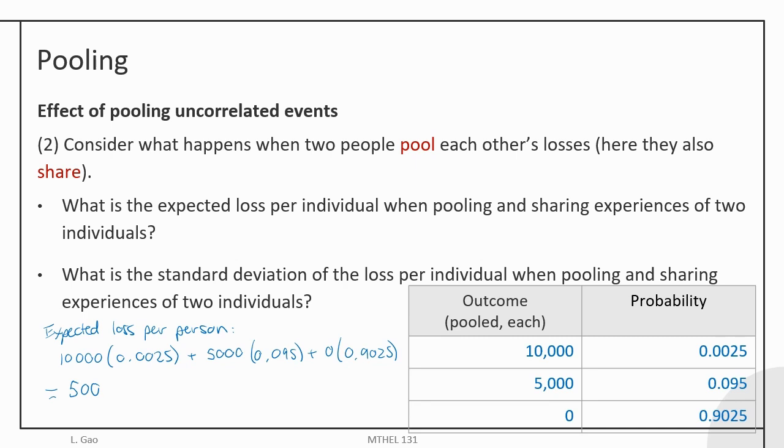But let's then consider the standard deviation of the loss per individual. We're going to calculate the variance first. So the variance of the loss per person, of this derived distribution. For each outcome, subtract the mean, squared, weighted by the probability of that outcome.